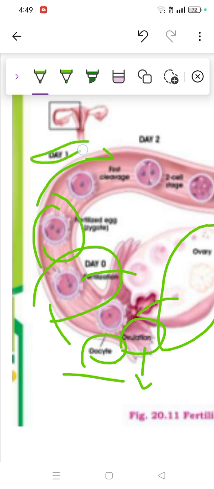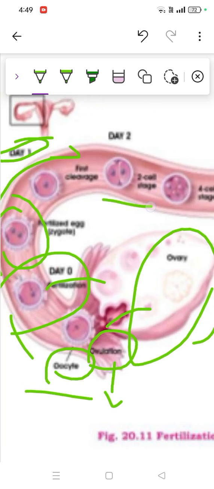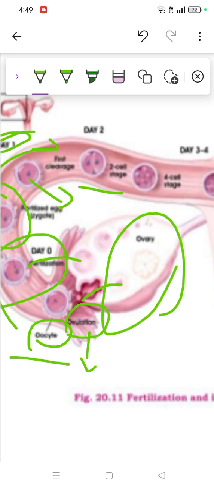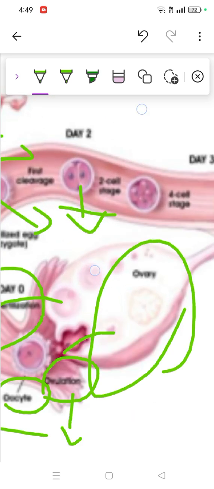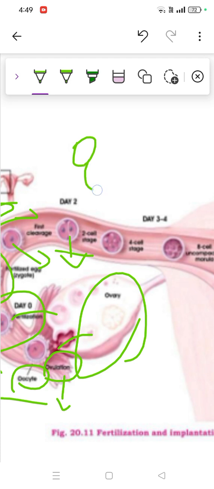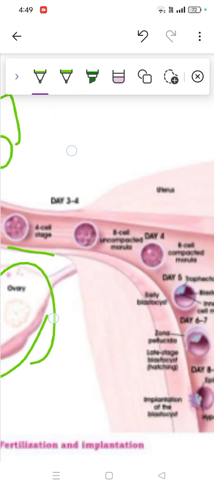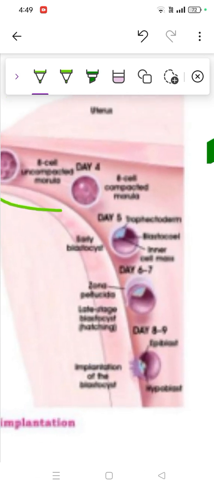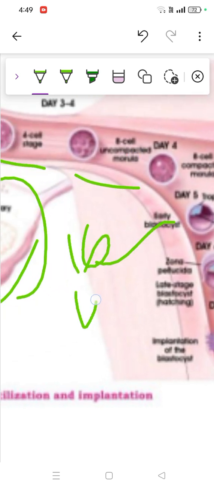Day one goes to day two. Here cleavage will happen: first the oocyte, then the two-cell stage. After this we have 4 cells, then 8 cells, and this continues. When it reaches day 6, we get the morula structure, which is about 16 cells. I'm sure it will be clear.